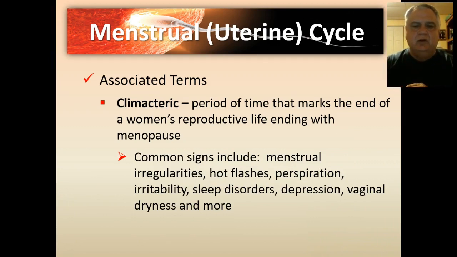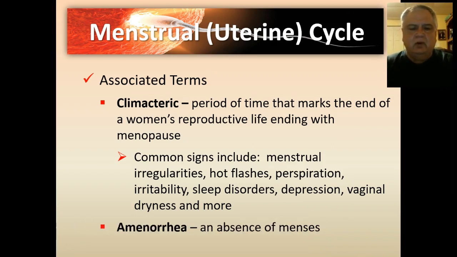Common signs that climacteric is beginning: menstrual irregularities, hot flashes, unusual perspiration, irritability, sleep disorders, depression, vaginal dryness, you name it, they're all there. So this is a time whenever we're coming down to the end of the reproductive life. It hasn't ended yet, but we're getting there. When the menses actually ends, then the female is in menopause. She's not in menopause until menses actually stops. That time prior to that is called climacteric.